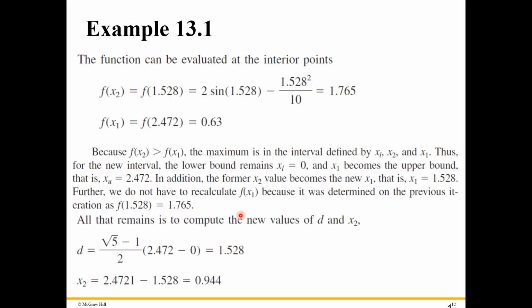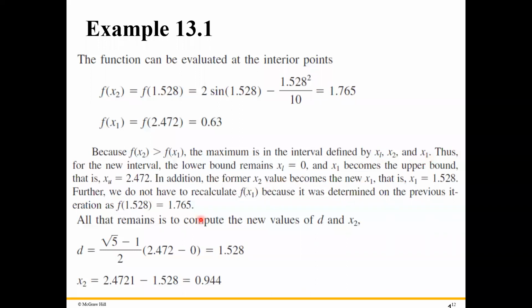For the next iteration, we will have these two bound values. 2.472 minus 0 is equal to 1.528. Because x2 was greater than x1, we have eliminated all the portion from x1 to xu. So x1 has become xu in this case.